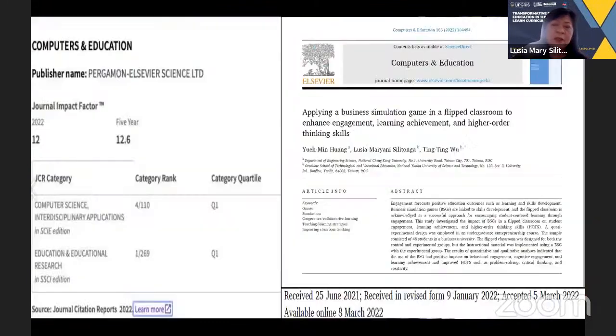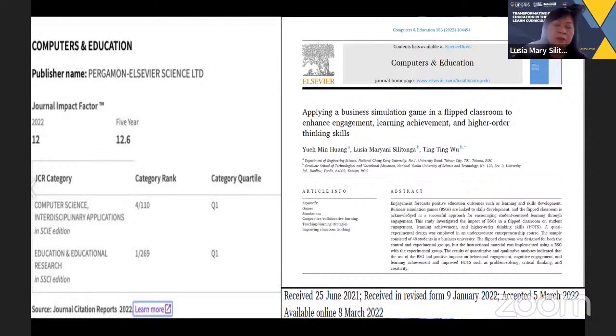And finally, I'm happy to share my paper published in Computers & Education with the same title. Because of this paper, I can graduate from this university because that's the compulsory requirement for all students to publish one SSCI paper.